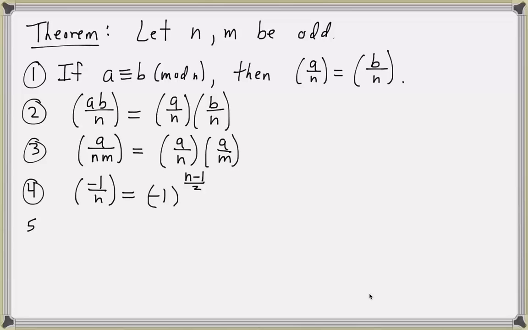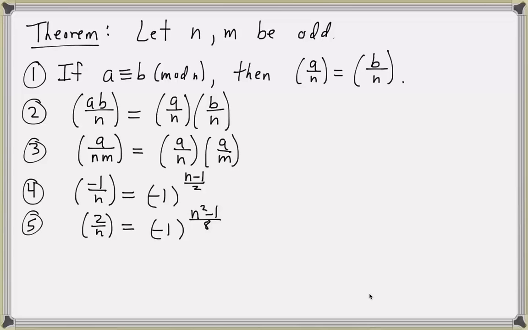Fifth, the Jacobi symbol 2 over n will equal -1 to the n squared minus 1 over 8. So we see that the Jacobi symbol 2 over n will still equal 1 if n is plus or minus 1 mod 8, and we can determine that 2 is a quadratic non-residue mod n if n is congruent to plus or minus 3 mod 8.